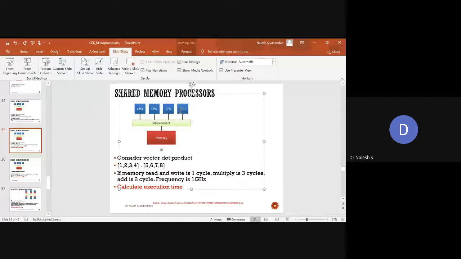One processor need not wait for the other processor. All this reading and multiplication is independent. Then once all of the results are there, one of the CPUs can read the data. So it has to read 4 data, do the sum, and then write back. So how many cycles will it take?